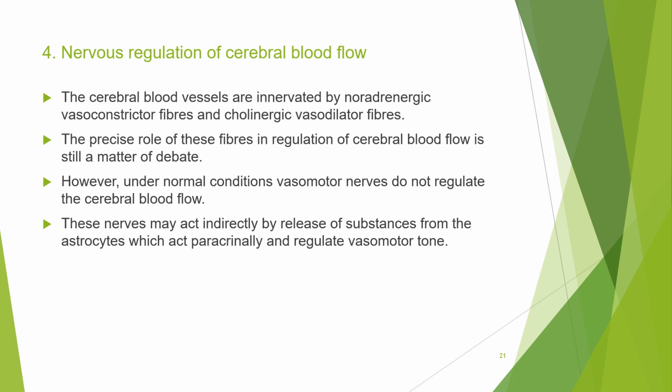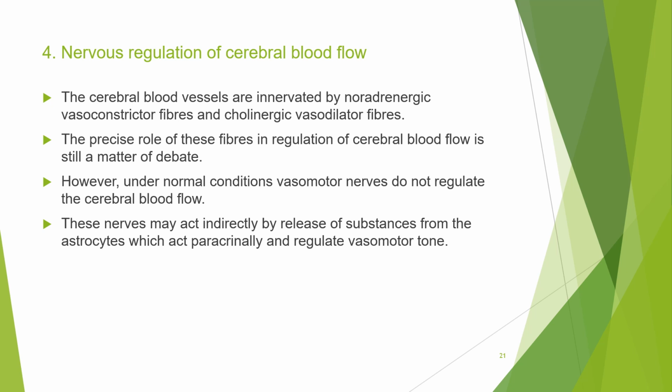This is important. Noradrenaline, if released, causes vasoconstriction of the cerebral blood vessels, and acetylcholine, if released, causes vasodilatation in the cerebral blood vessels. So the precise role of these two will regulate the cerebral blood flow.